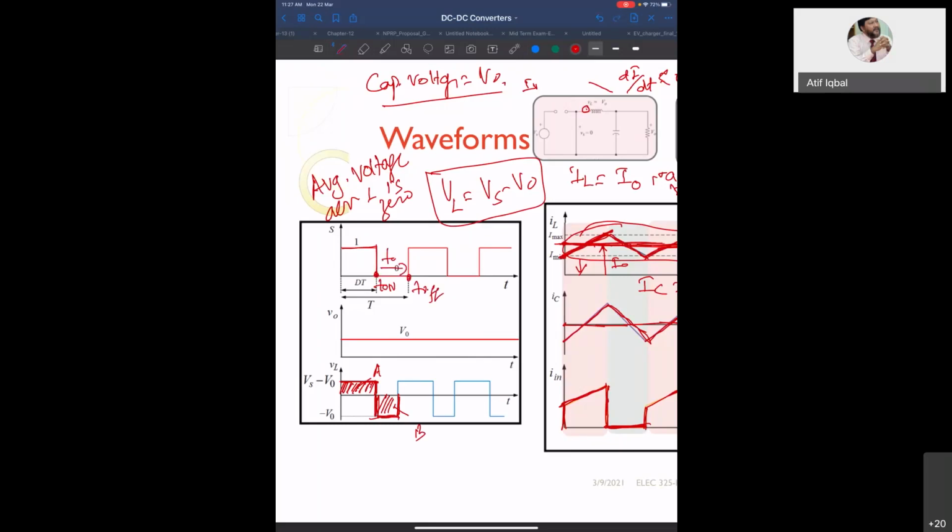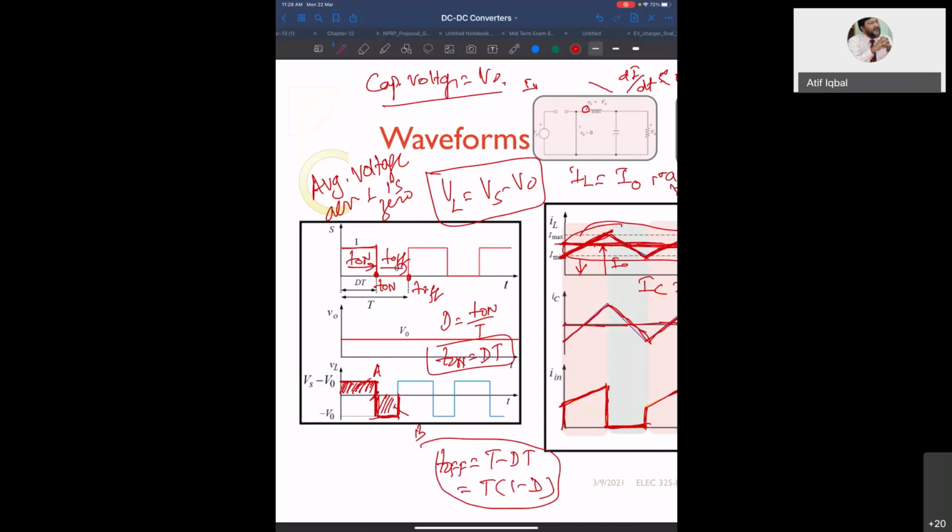What are T on and T off in terms of D? You define D as T on by T, so T on is equal to D into T. And T off will be T minus DT, which is written as T into 1 minus D. This is how you write T on and T off.